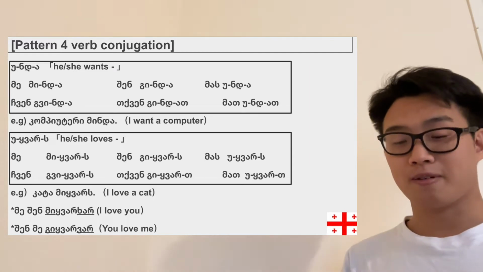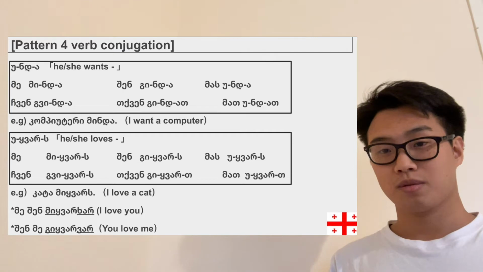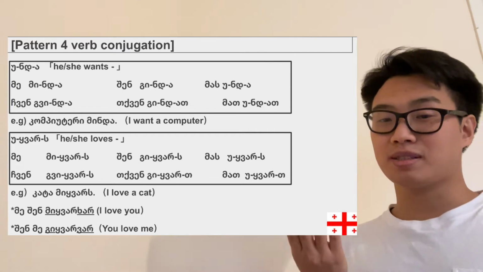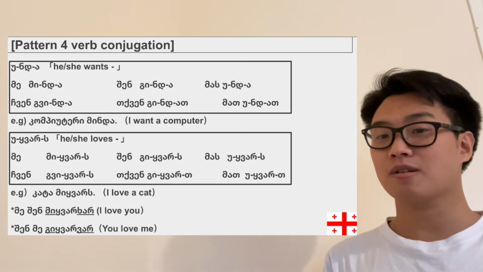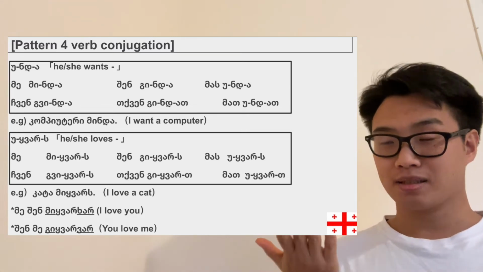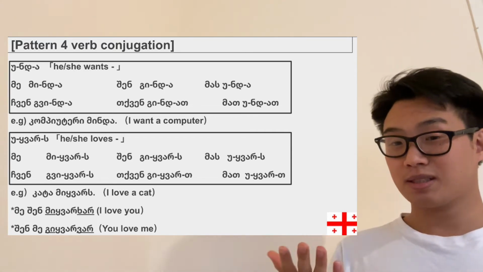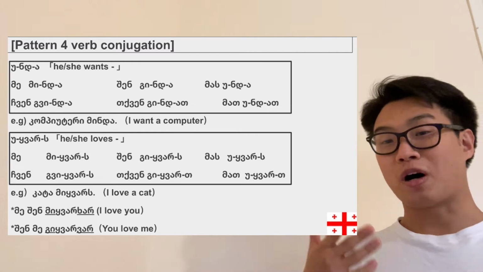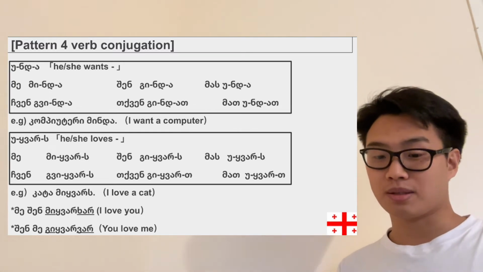And the fourth verb that we want to remember is to love. Ukhwas. For example, me mikhwas, shen gikhwas. Mas, dative case, mas ukhwas, chwen gikhwas, tkwen gikhwart, and mat ukhwart.